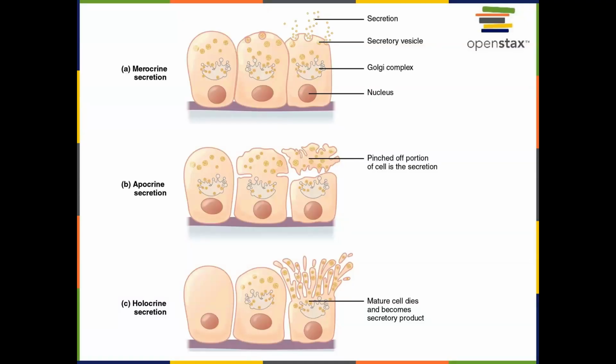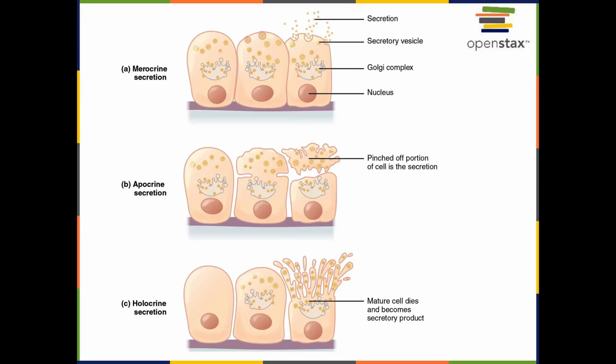Some of our glands use an apocrine secretion mechanism where the apical surface of the cell is pinched off and forms the secretion. Another mechanism called holocrine secretion involves the entire cell dying and becoming the secretory product.